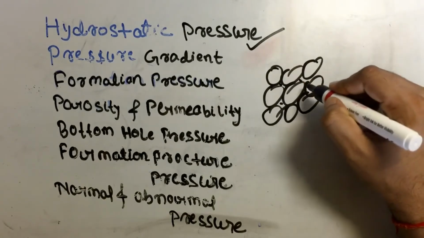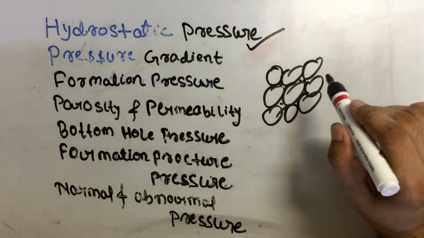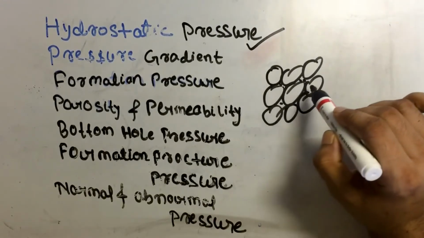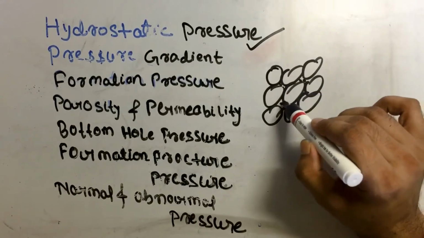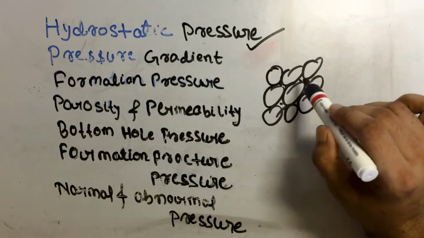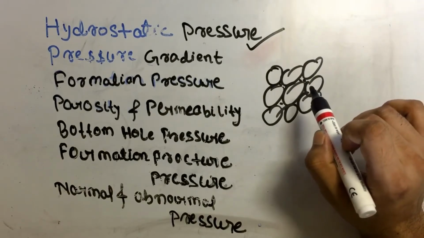If the space between the grains is more, then porosity will be more, but if the grains are tightly packed, then porosity will be less and fluid will be compact between these grains, so formation pressure will be high.